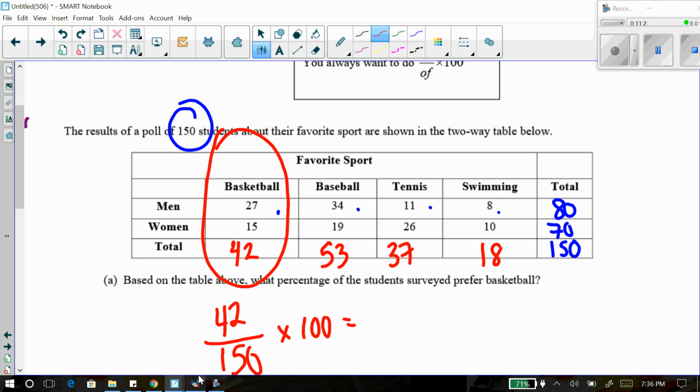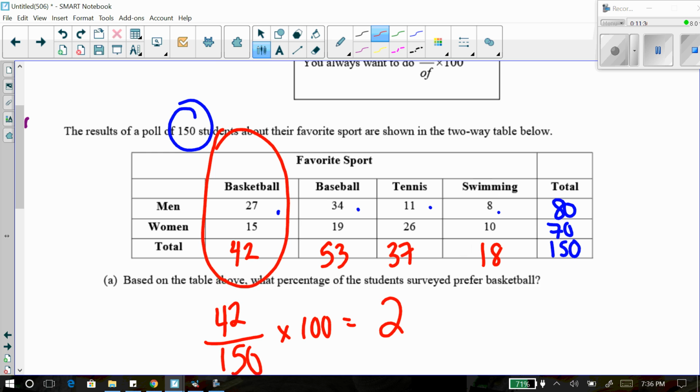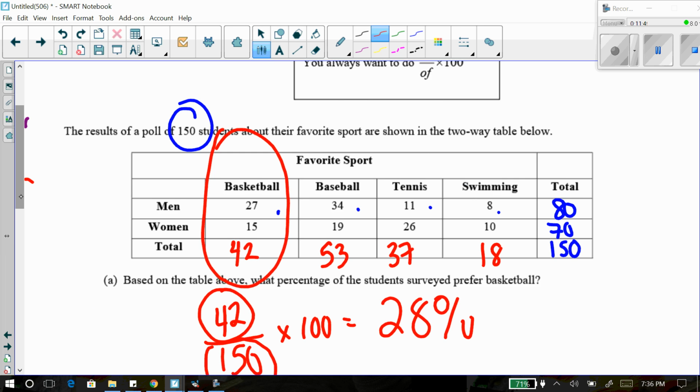So in our calculators, 42 divided by 150 times 100 would give me 28%. So these are my basketball choosing students out of the total amount of students, which gives you a decimal, but if you times that by 100, that tells you the percentage.